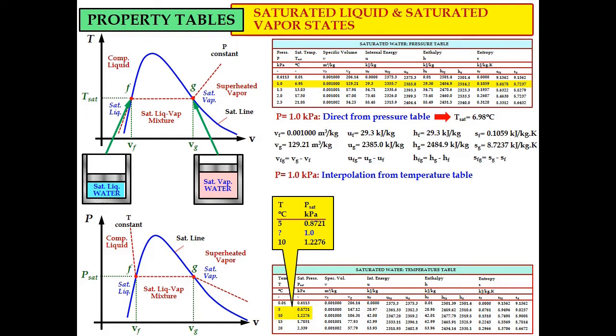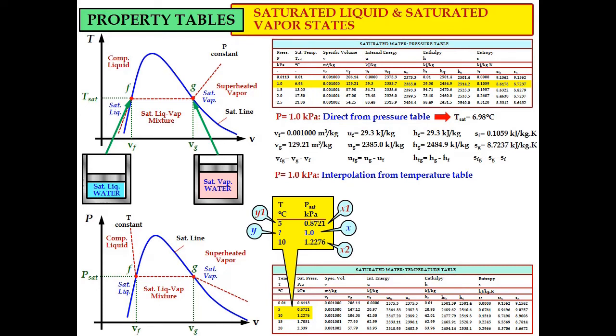So in order to do interpolation, the basic concept is that we need to use the gradient concept. Let's say the data that we already know is the data for pressure, represented by X. The lower value is X1, the higher value for pressure is X2, and we want to determine Y, which represents the T saturated value.